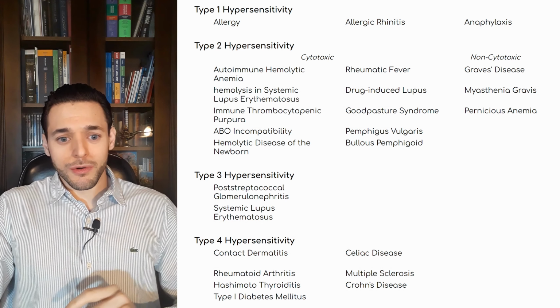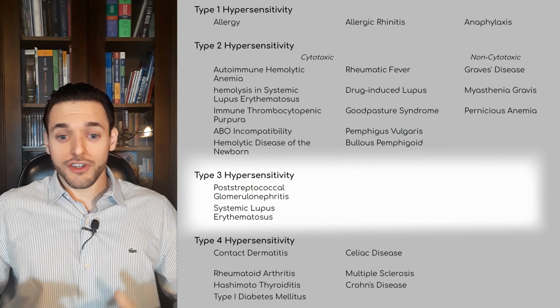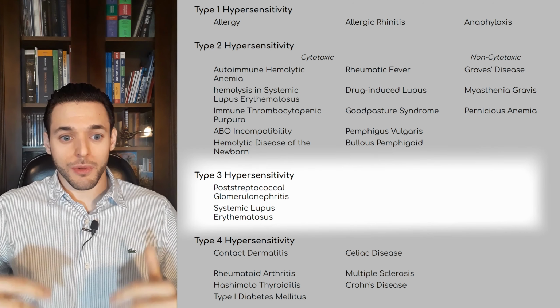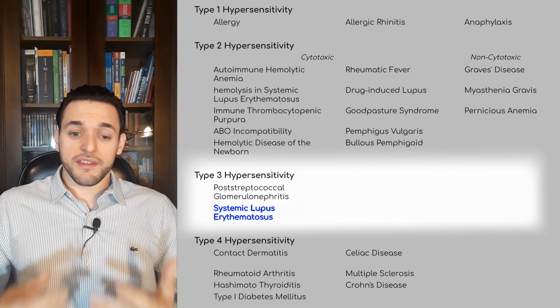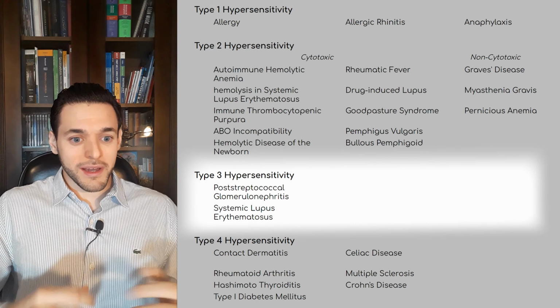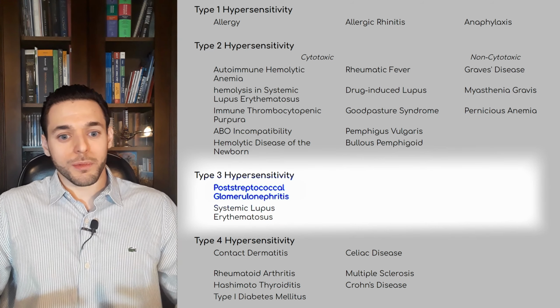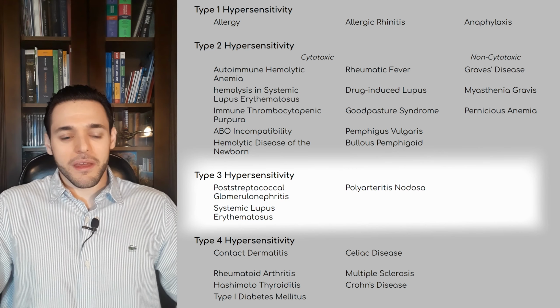You also know that type 3 hypersensitivity can be caused by deposition of IgM or IgG immune complexes either against self-antigens, as in systemic lupus erythematosus, or against foreign antigens, such as in post-streptococcal glomerulonephritis or in polyarthritis nodosa.